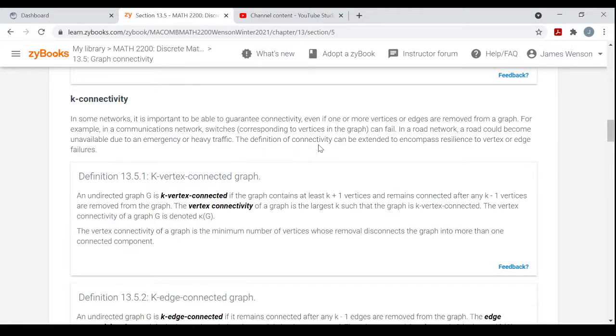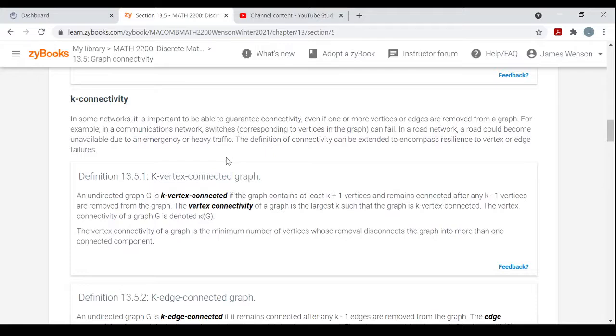So the definition of connectivity can be extended to encompass resilience to vertex or edge failures. So this is kind of a talk of how well connected are the vertices on my graph. And it's based on how many vertices could I remove and have the graph still be connected?